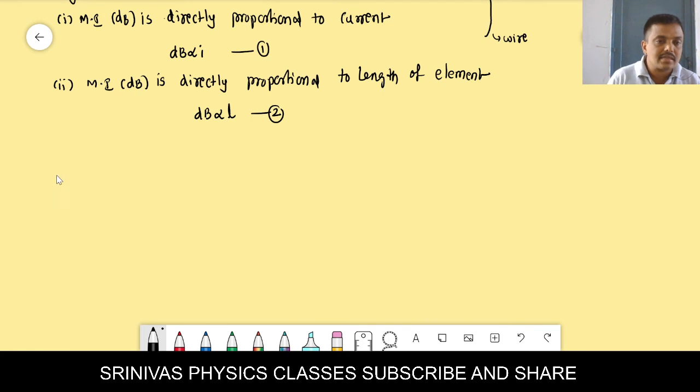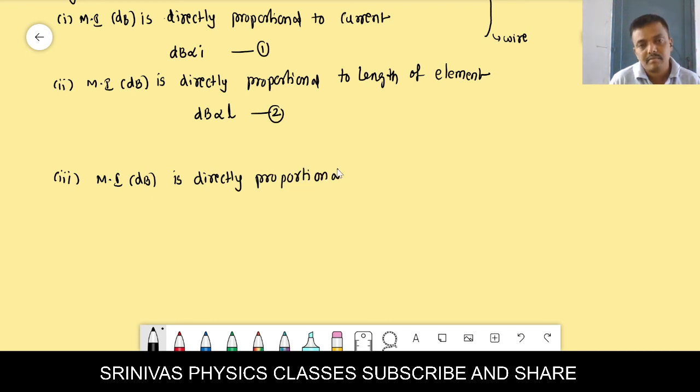The third point is that the magnetic induction dB is directly proportional to sine theta. What is theta in this?